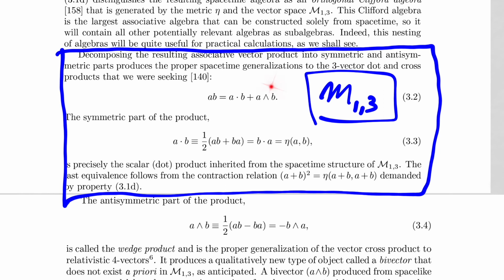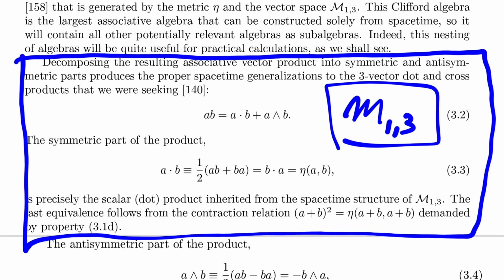So let's look at this thing. It's literally saying that this space-time product between two vectors in M13 can be decomposed into two parts. The first part is this dot product thing, and the second part is this wedge product thing.